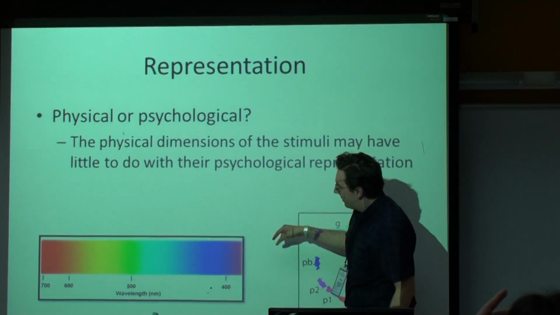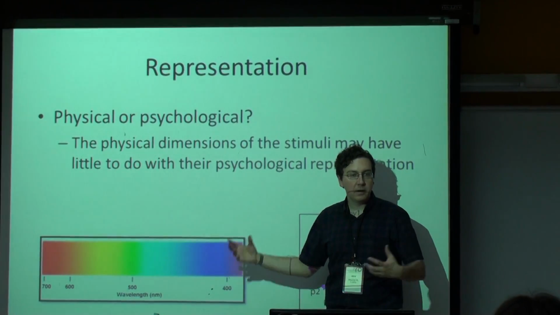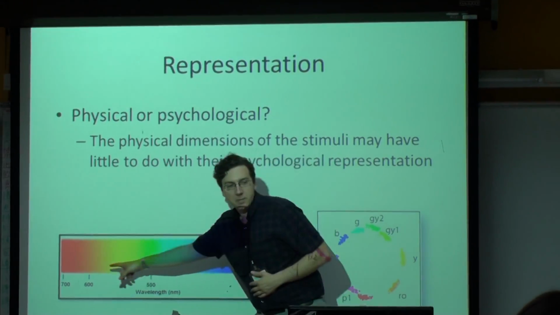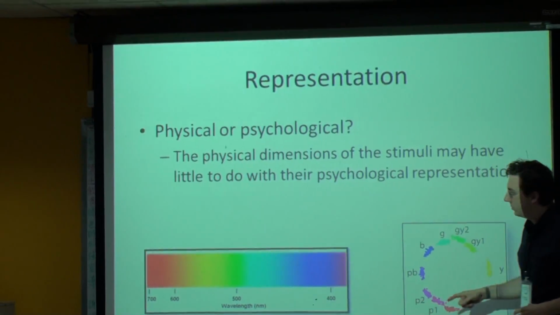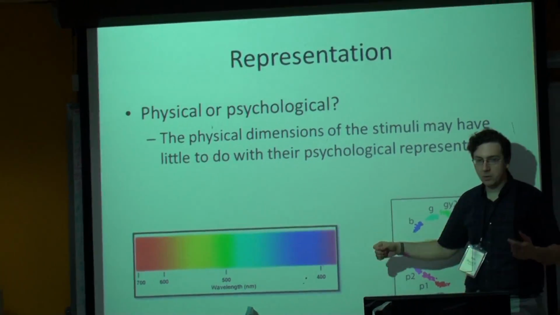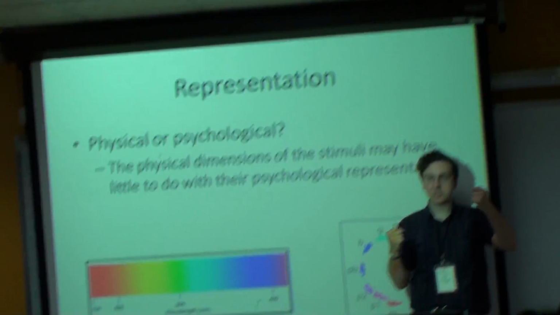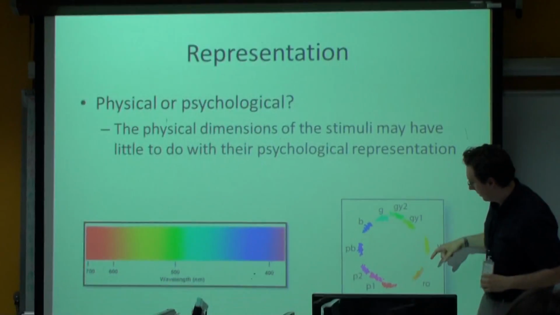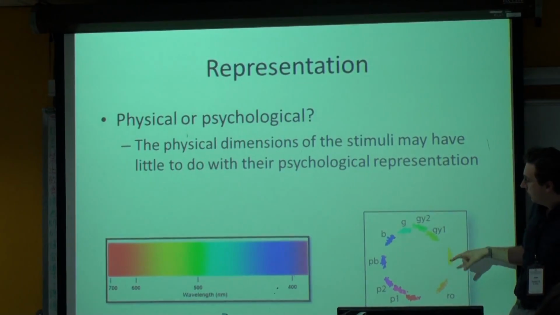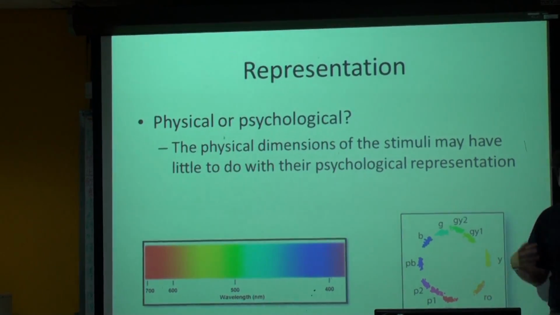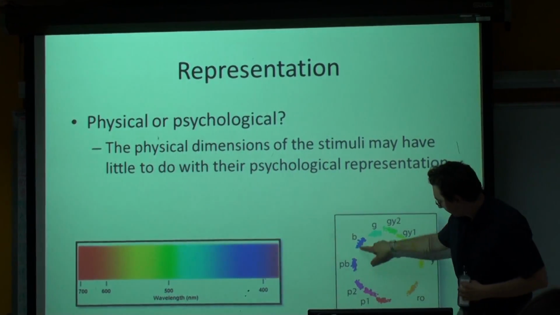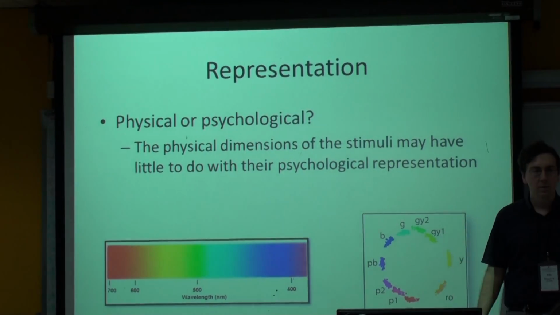But people do not represent the similarity between colors on a unidimensional continuum like this, because we actually see the color purple and the color red quite similar to one another. We actually see them as similar. So if you think about how people represent the similarity between colors, it actually forms Newton's color circle.